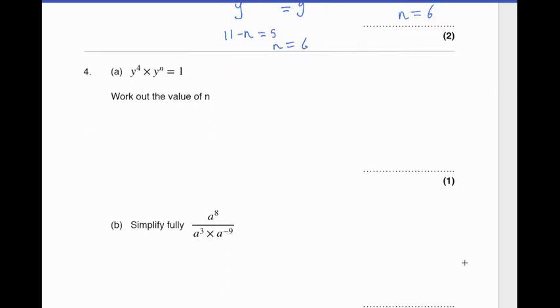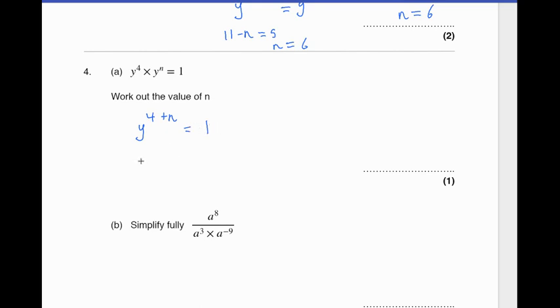Okay, moving on, we have y to the power of 4 times y to the power of n is equal to 1. Well, first of all, let's use our laws of indices. We have y to the power of 4 plus n, because we can add the powers, and that's equal to 1. But if that's equal to 1, that means that this power must be equal to 0, because anything to the power of 0 is going to be equal to 1.